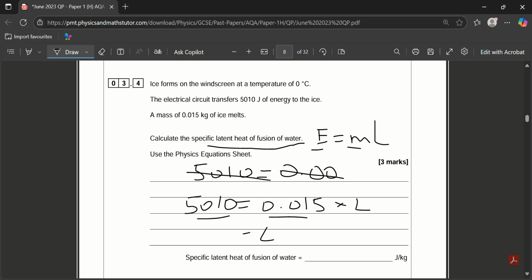So L is going to end up being 5010 divided by 0.015 to give us 334,000 joules per kilogram.